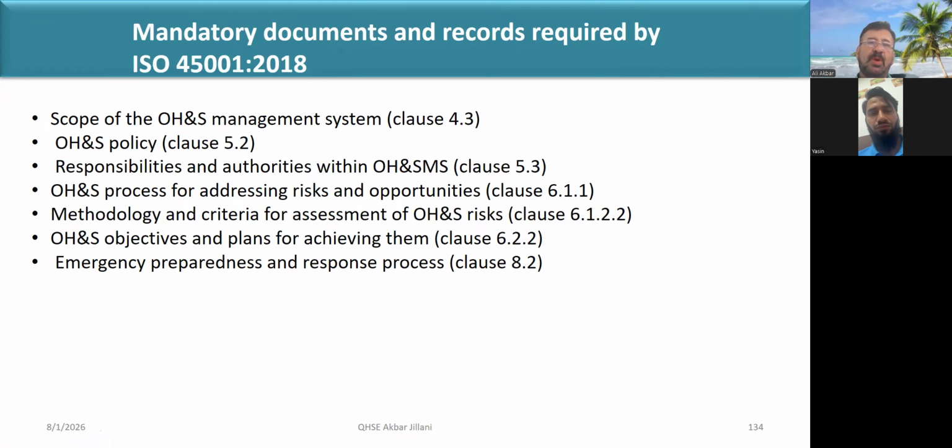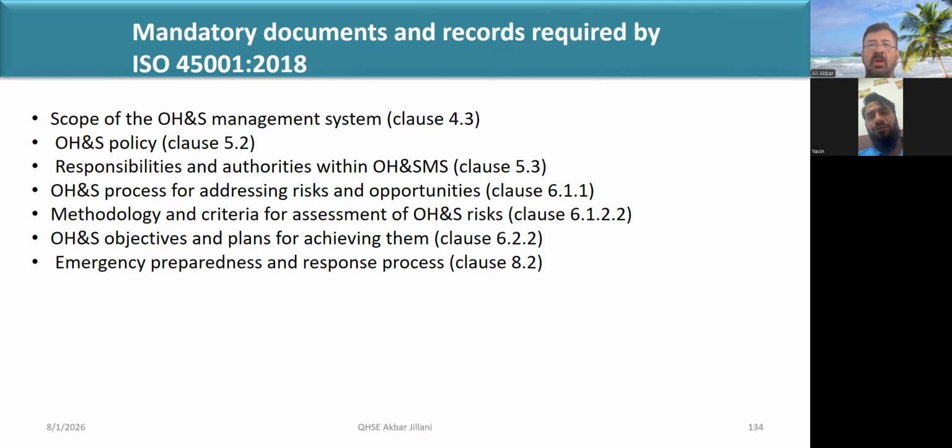Now 5.2, they have the policy, and the policy should be signed by the top management. Policy will have document number, revision number, and date of implementation, like a date of development, and if it is new.